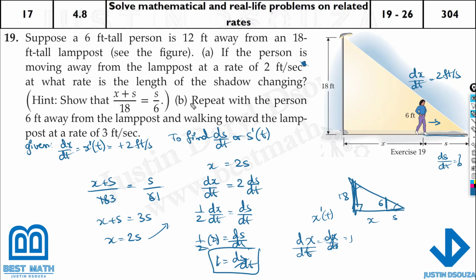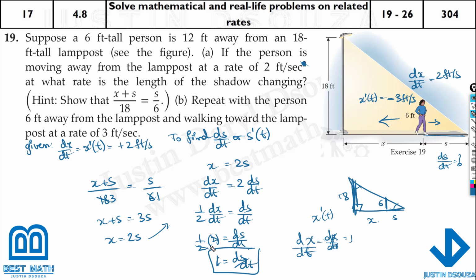Now the second part is to repeat with the person 6 feet away from the lamp post and walking towards this lamp post at the rate of 3 feet. I'll write it as x prime of t. It's the same thing, but it's minus this time. Why is that so? Because he's coming towards it, 3 feet per second, so it's negative.